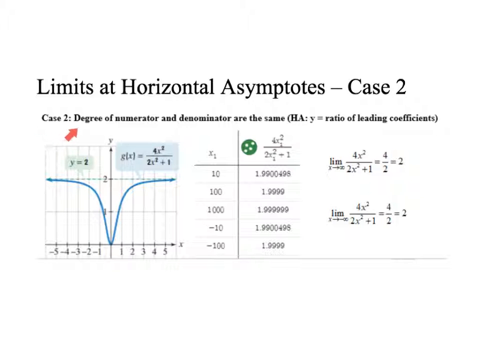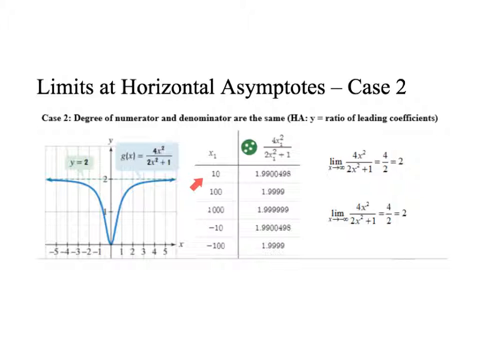Case 2 for horizontal asymptotes was when the degree of the numerator and denominator are the same, and we learned that the horizontal asymptote line is y equals the ratio of the leading coefficients. So if you were to do a table again, now I do have the graphs here so you can see how the graph does approach 2, but we can verify that if we're thinking about tables now.